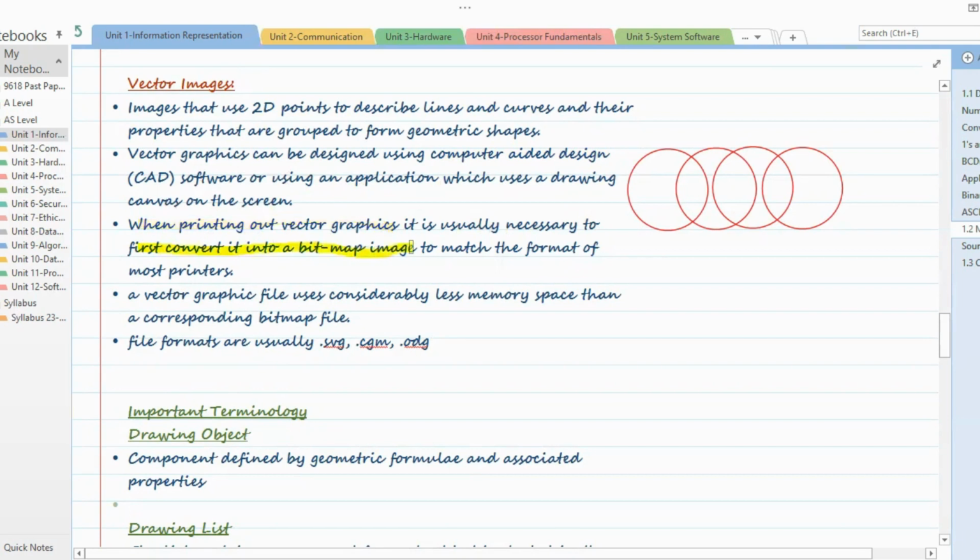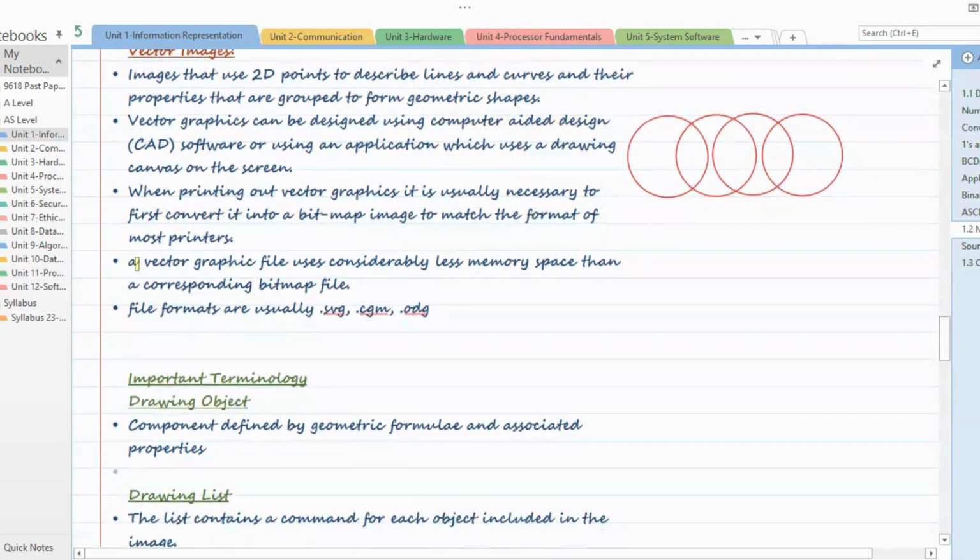So whenever you have to print it, you have to convert it into a bitmap image to match the format of most printers. A vector graphic file usually uses considerably less memory space than bitmap images, and basic file formats are .svg, .cgm, and .odg. So these are basic file formats.